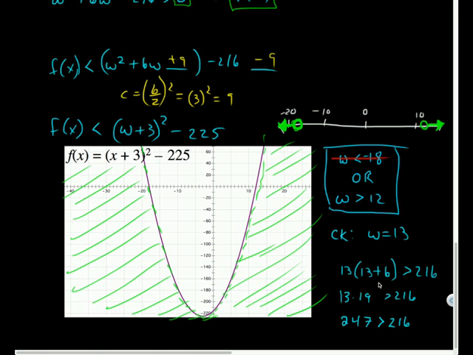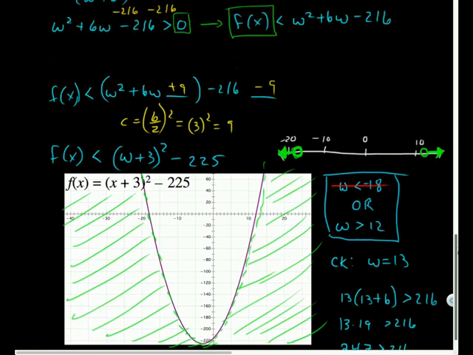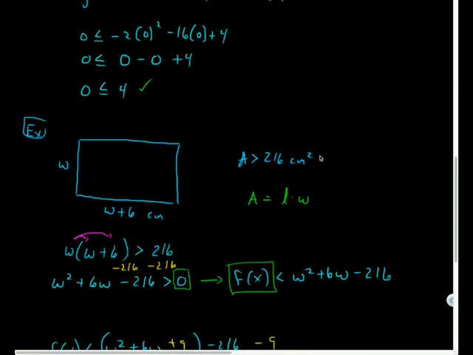Well, that would have been 12 plus 6 is 18, so 12 times 18 is 216 exactly. So that would actually have landed right on the line, but I'm not interested in that because I wanted it specifically to have an area greater than 216 centimeters squared, not greater than or equal.